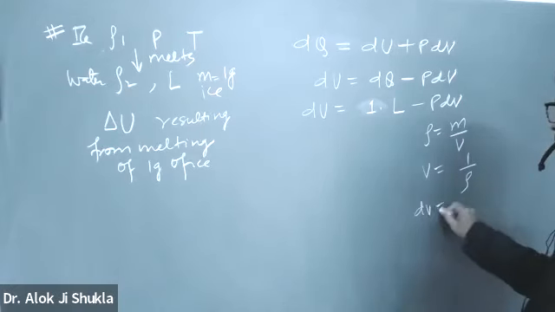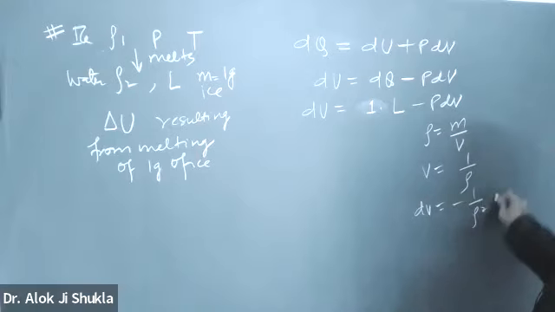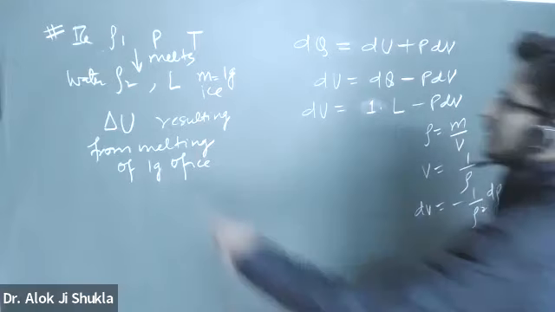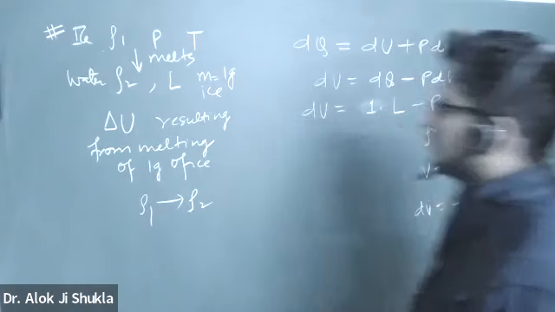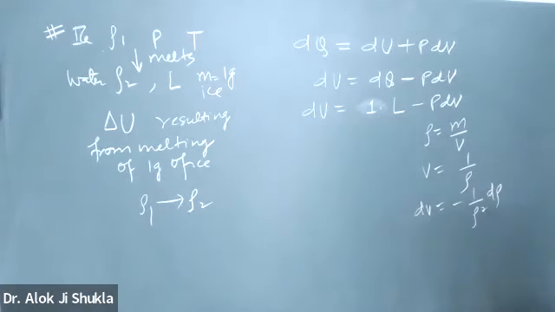It is minus 1 by rho squared d rho, because in this case they are talking in terms of density, so we can't talk in terms of volume. We have to switch to density. Yes or no? Yes, sir.